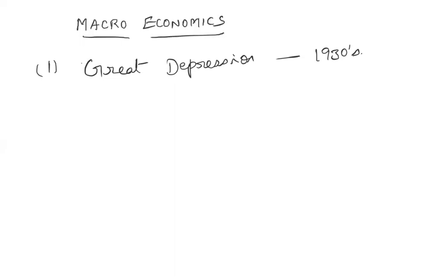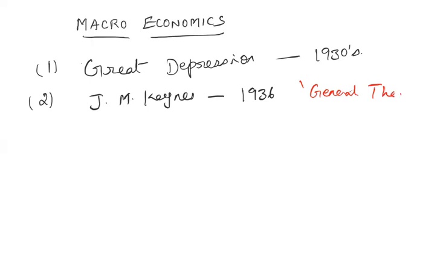Okay, and then simultaneously, the second reason was the publication of a book by J.M. Lord Keynes. So J.M. Keynes published a book in the year 1936 during the same period of time, which is known as the General Theory of Employment, Interest, and Money.